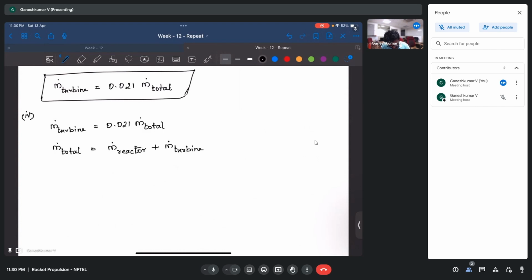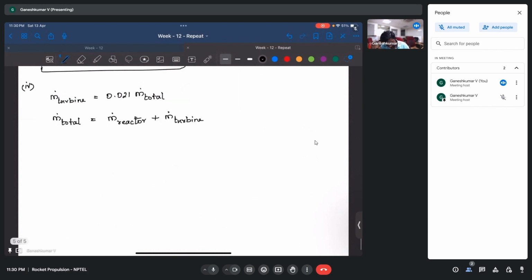These two we know. And m dot of reactor, we already found, is going to be 76.71 kg per second.